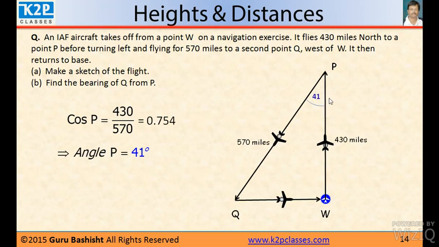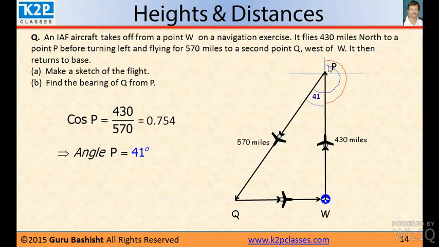Now we have to find out the bearing. So bearing is what? Bearing is from the north line till that line. So it is asking the bearing of Q. This is the origin. So join it, and whatever angle it is making from the north line.